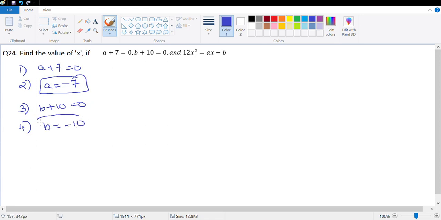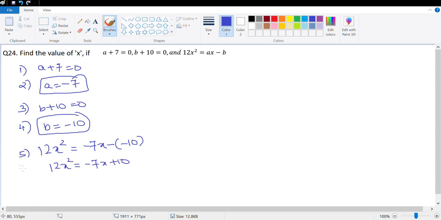Let's put the value of a and b in this equation. We get 12x squared is equal to a, which is negative 7x, minus negative b, which is negative 10. So this is 12x squared is equal to negative 7x plus 10. Bringing everything on one side, we get 12x squared plus 7x minus 10 is equal to 0.